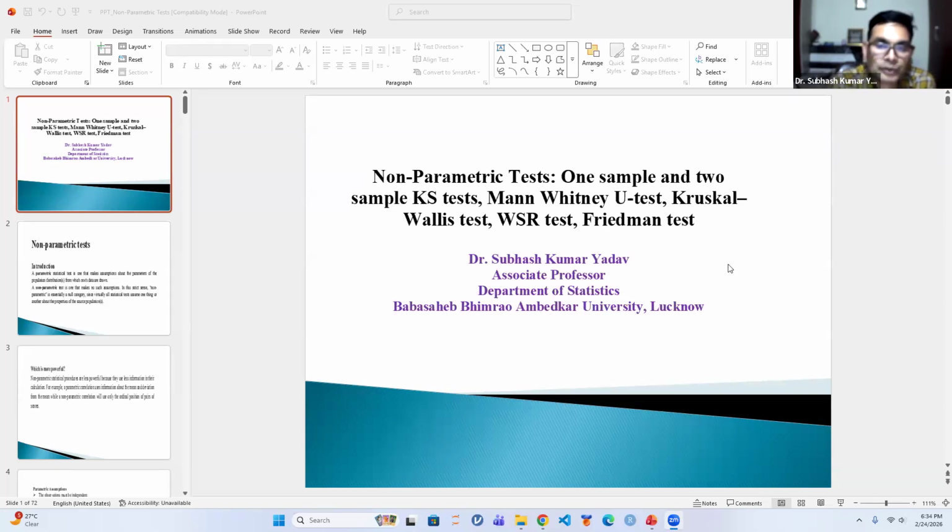In contrary to that, in non-parametric tests, it is not required. So whenever the population is not normally distributed, generally we go for the corresponding non-parametric test. To every parametric test, there is a corresponding non-parametric test, and we will be discussing one by one, and we will be doing hands-on as well on SPSS.